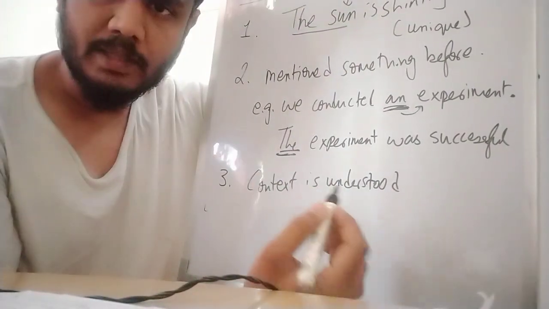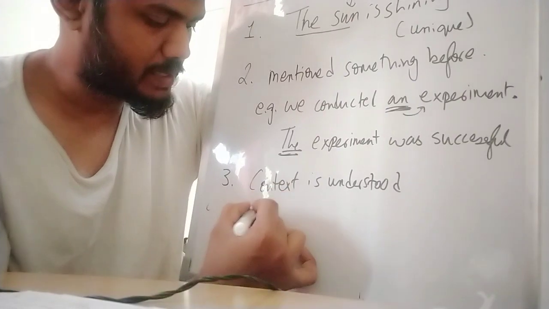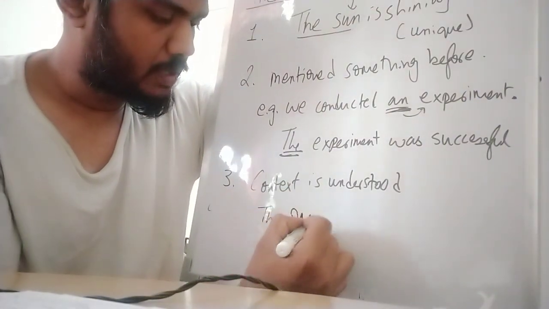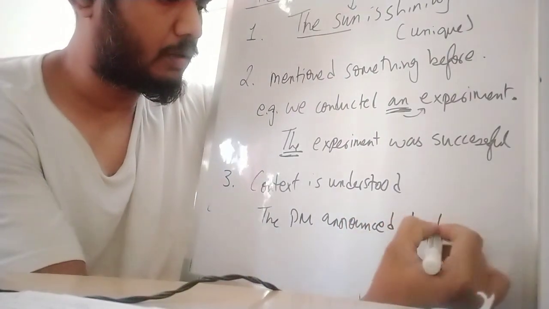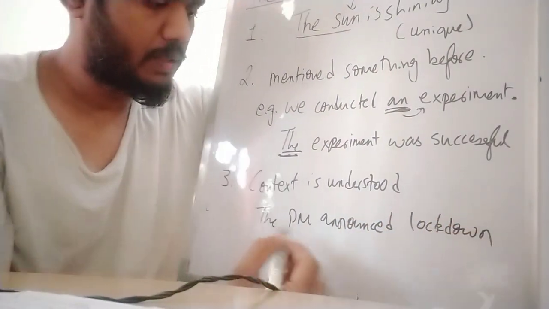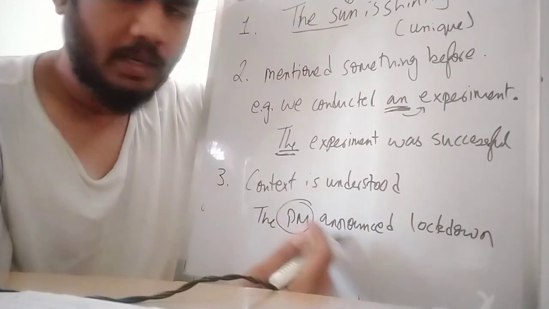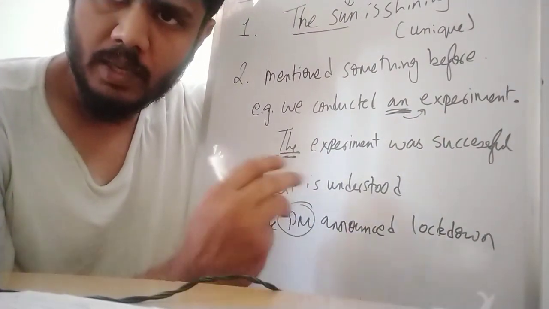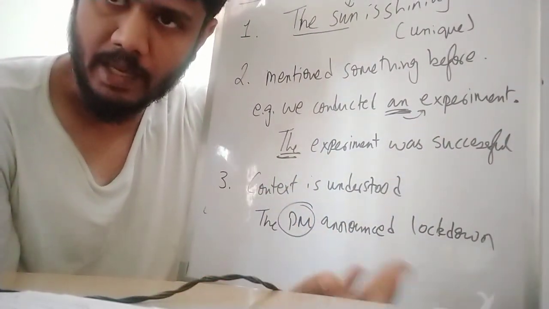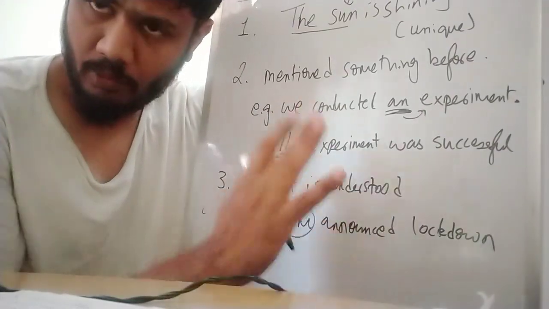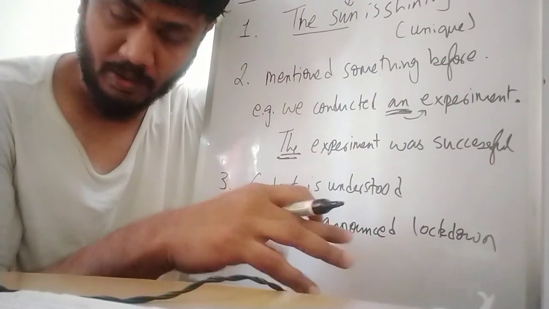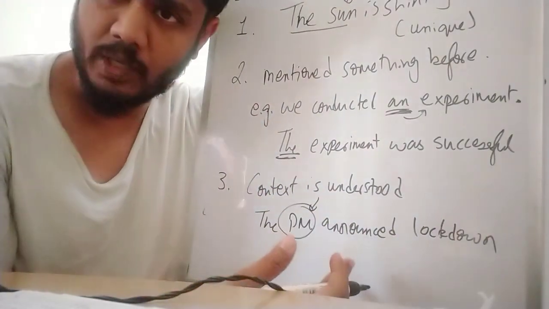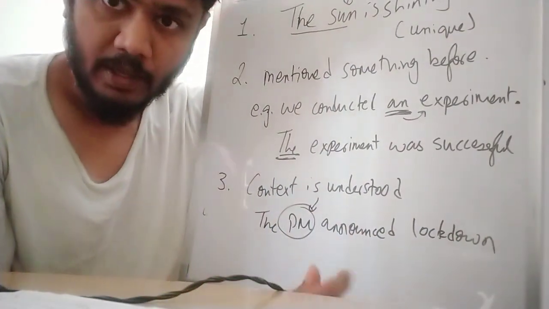But if I give you a sentence like, the PM announced a lockdown, here we know that we are conducting this lesson at IIT Delhi, right? So we're all of us in India, and therefore when I say the PM, based on our context, we know which PM we're talking about. We're talking about the Prime Minister of India, right?